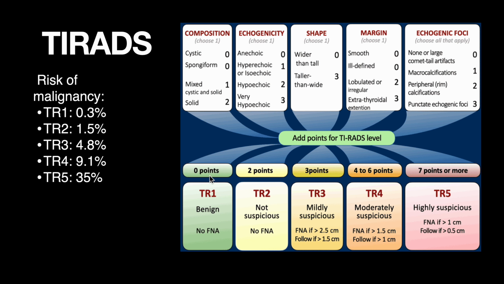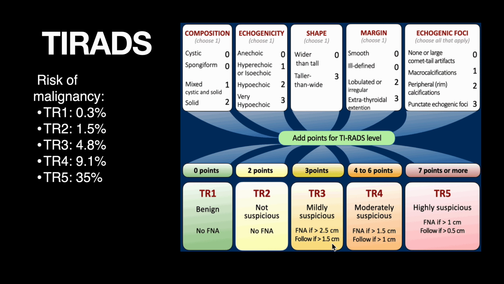If the score is 0, it's a TR1 lesion, a benign lesion, so nothing needs to be done. If it's 1 or 2 points, it's a TR2 lesion, again not suspicious, so nothing needs to be done. If it's 3 points, we give TR3 and it's mildly suspicious.